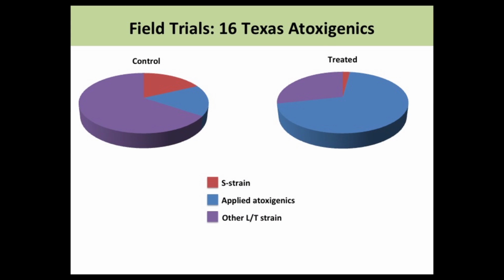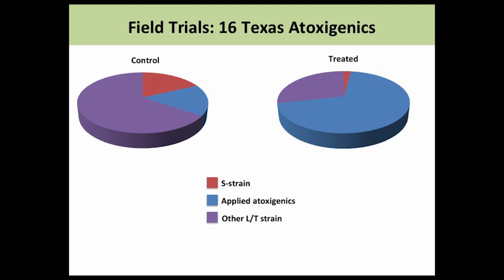These are the results of this field trial. On the left it shows the control and the distribution of the S strain, which are the highly toxigenic Aspergillus flavus strains.